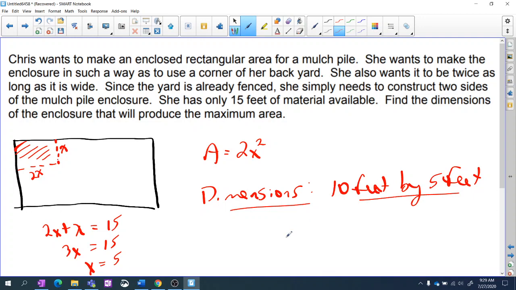And the maximum would be what? So if x is 5, 50. Didn't ask for the maximum area, but that's what it would be. So that one was really, really easy.